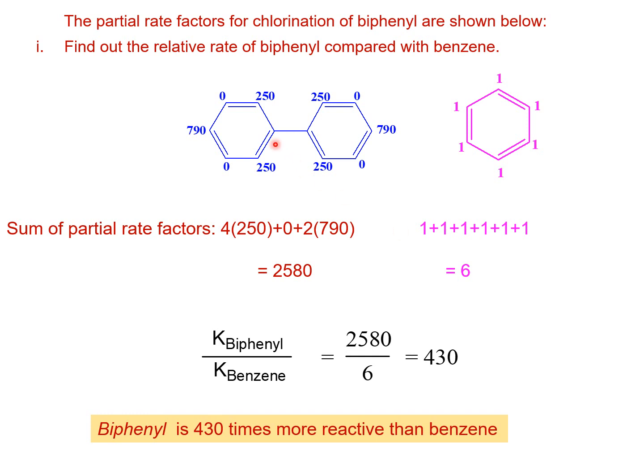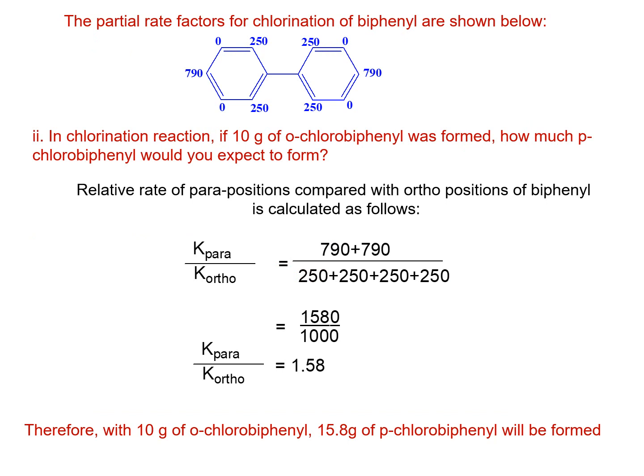To calculate the relative rate of biphenyl when compared with the benzene, you have to just take the ratio of partial rate factor for biphenyl to the benzene, and it is found to be 430. That means biphenyl is 430 times more reactive than the benzene.